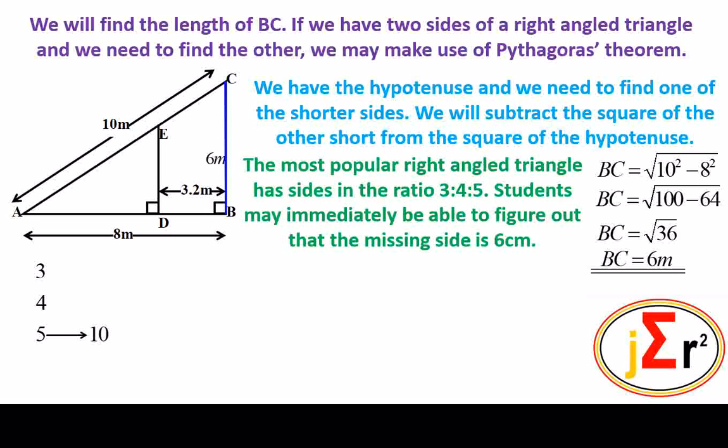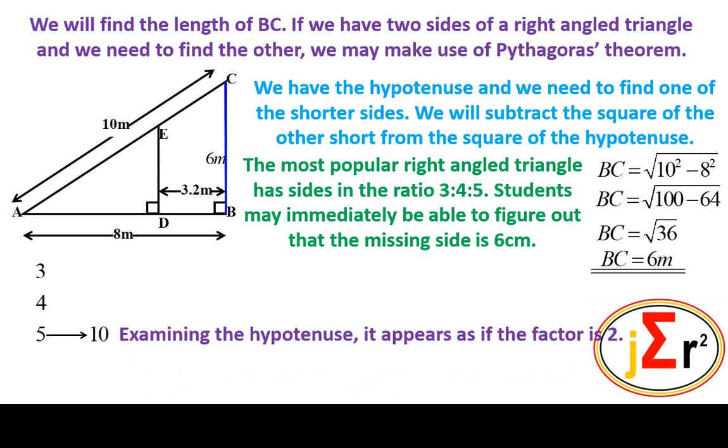The longest side that we have there is 10, and we are assuming that that 10 side is also 5 in the ratio. If that 10 side is 5 in the ratio, examining the hypotenuse, it appears as if the factor is 2.